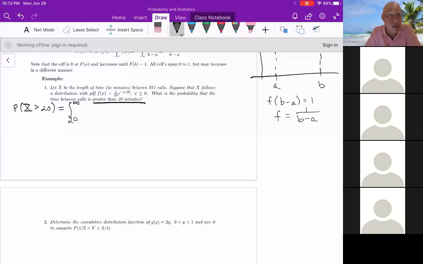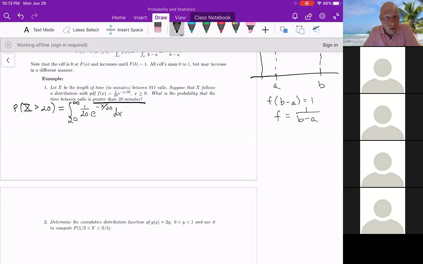Remember, this is continuous, so it's really 20.00001, but that's so close to 20 that starting at 20 is fine. And f of x is given as 1 over 20 e to the negative x over 20 dx. And this is the integral that we want to evaluate.